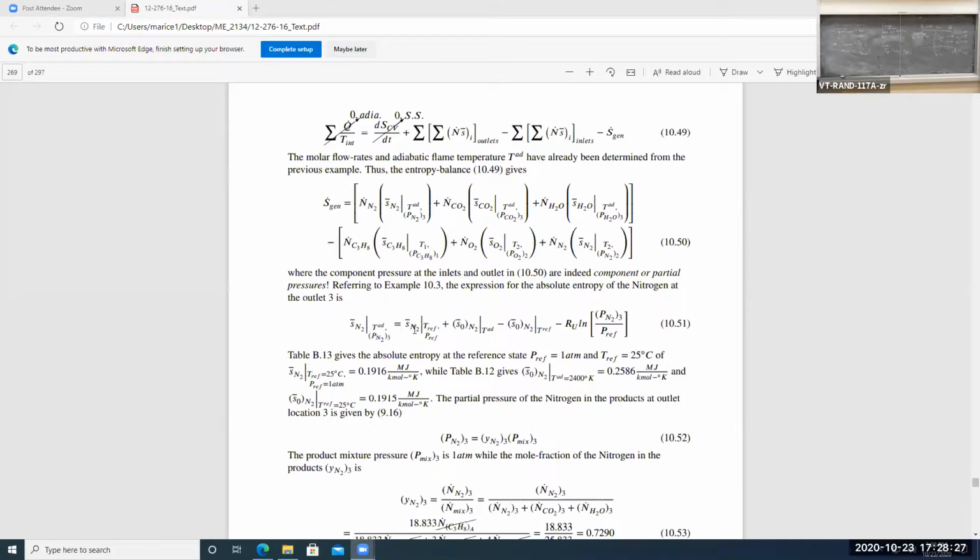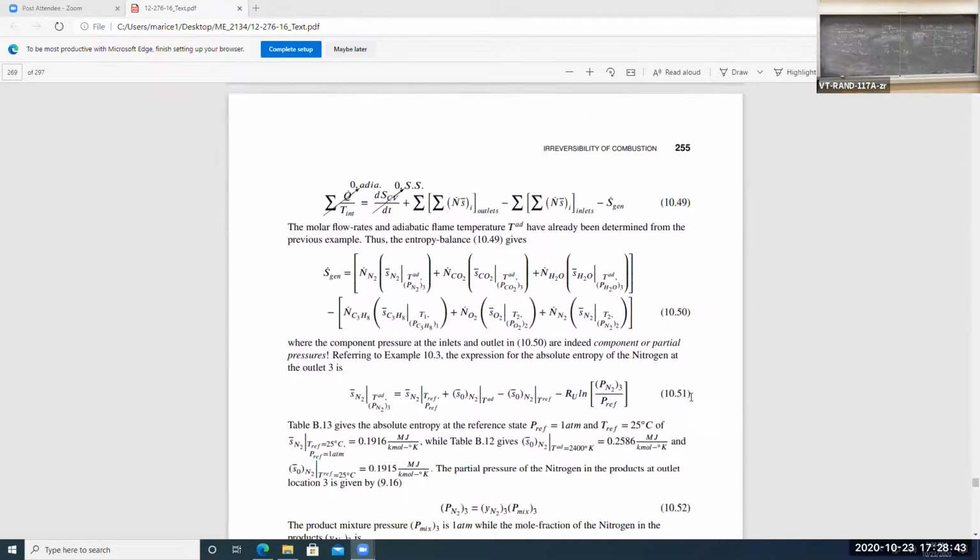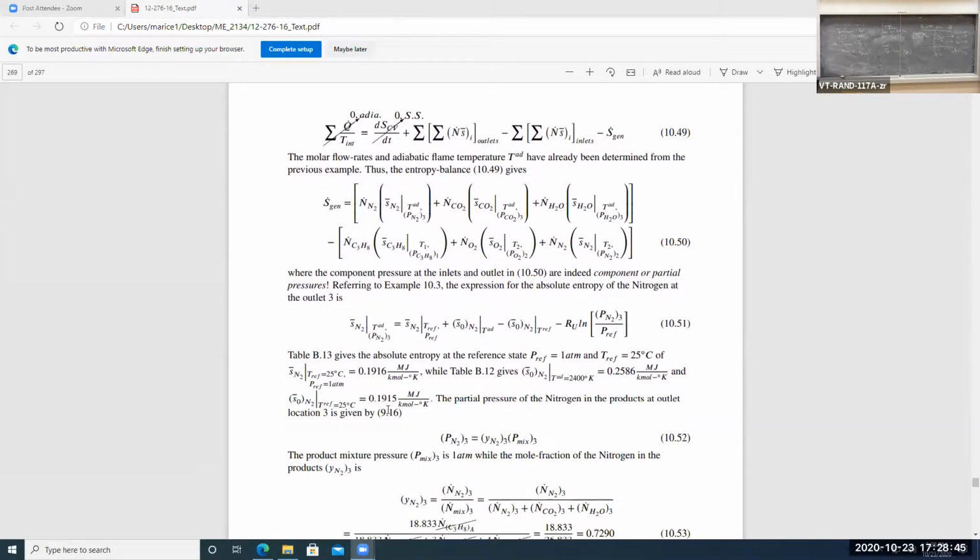And then here's your S at the reference, which is the enthalpy of formation for the N2. The N2 has a 0 enthalpy of formation. The entropy of formation for nitrogen is 0.19 megajoules per kilomole degree Kelvin.